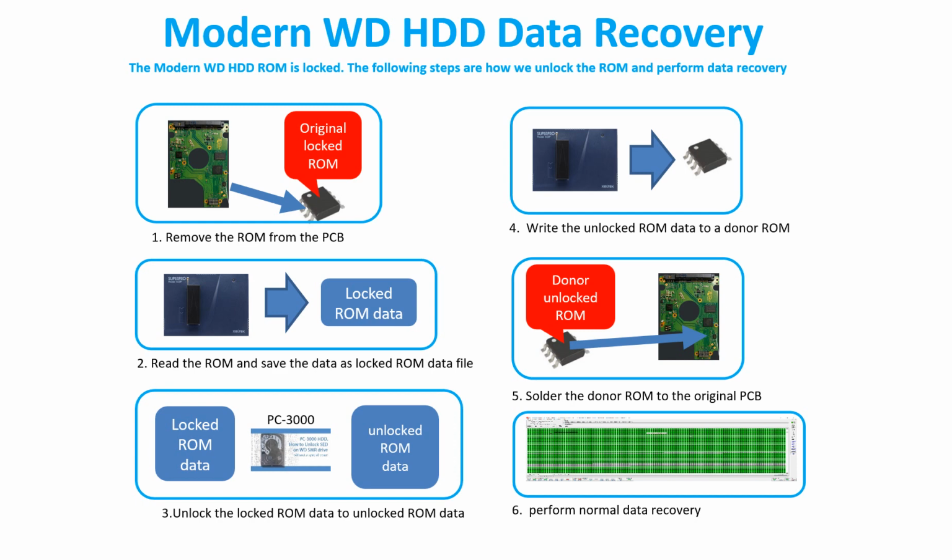We use the PC3000 Professional Data Recovery Tool. Step 4. Write the unlocked ROM data to a donor ROM. Step 5. Solder the donor ROM to the original PCB. Step 6. Perform the normal data recovery.